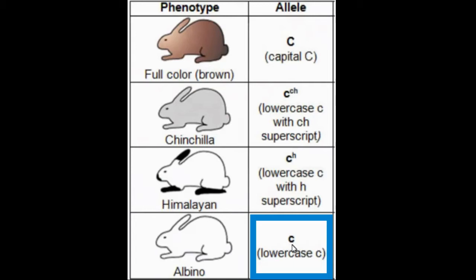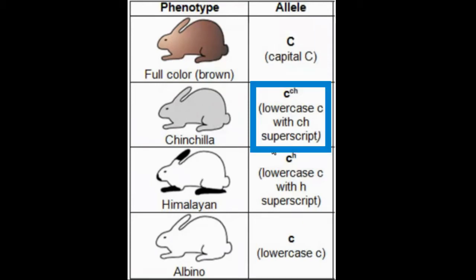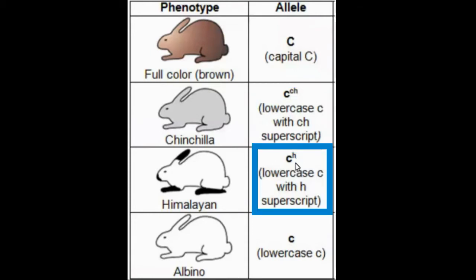That'd typically be our dominant or recessive. But now I've got some other options in the middle. So now I also have a lowercase c with a little ch at the top, and I've also got a lowercase c with a little h at the top. These two are now representing other variations, other potential differences in that gene.